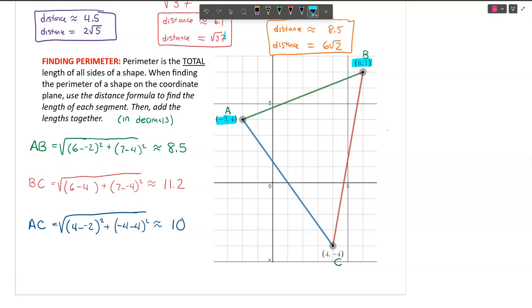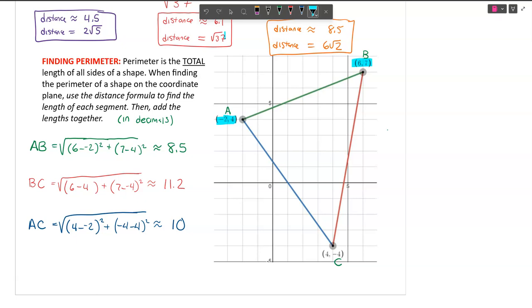I put this in my calculator to get a decimal answer this time, so we got 8.5. For segment BC, I had C as my second point and B as my first point, and then I set that up in my formula, got 11.2. And for AC, I believe I had my C as my second point and A as my first point, and I got 10.